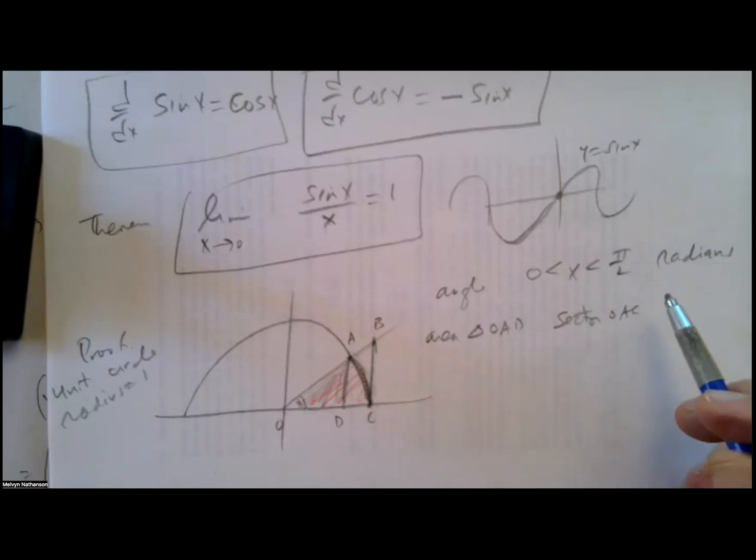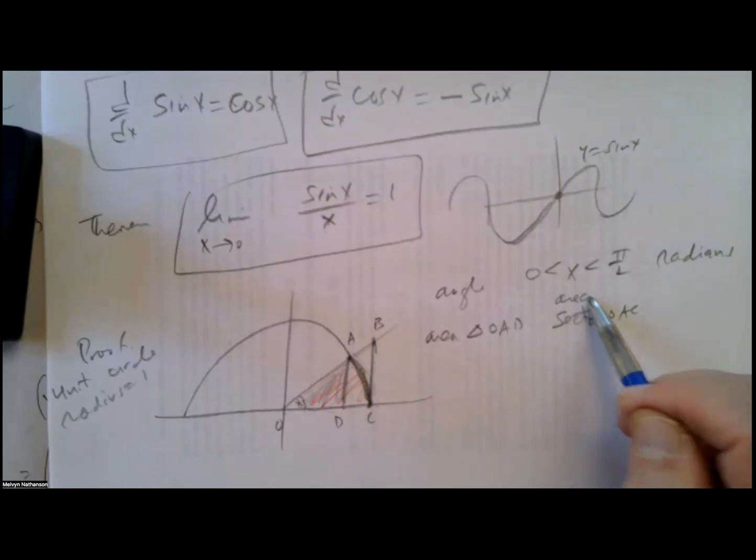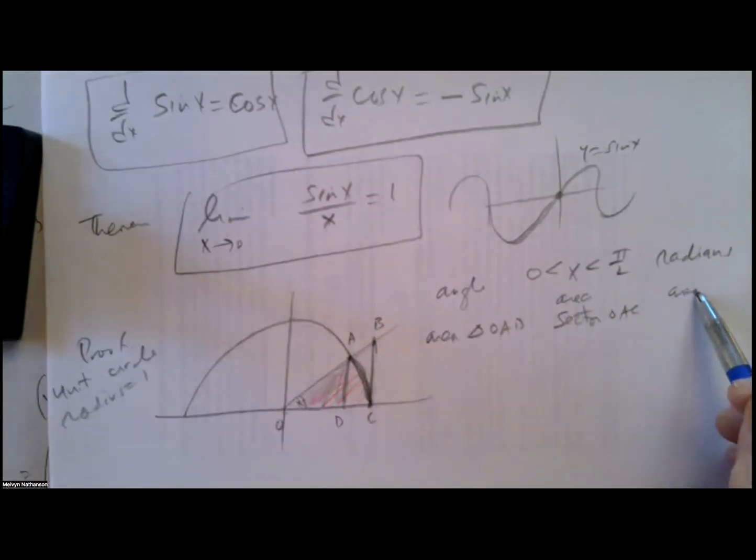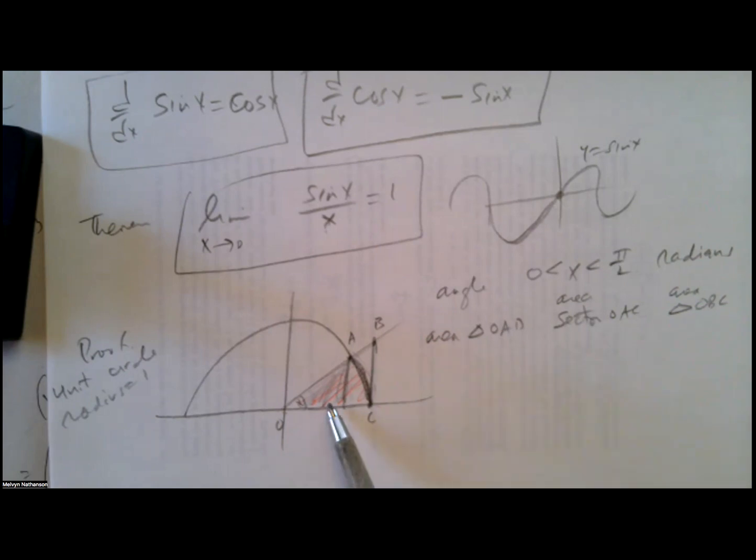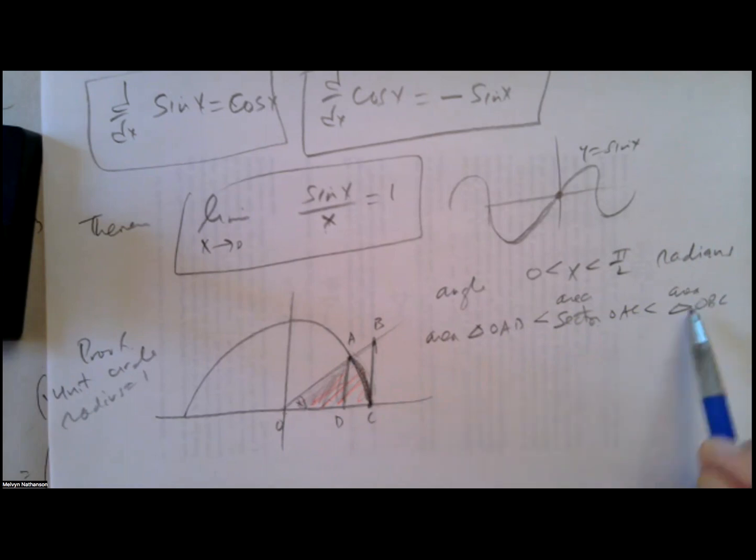So that has a certain area. And then I also have the area of the triangle OBC. And you can see this triangle is included in the sector, so this is less than this. And the sector is included in the bigger triangle, so the area of the sector is less than the area of the big triangle.